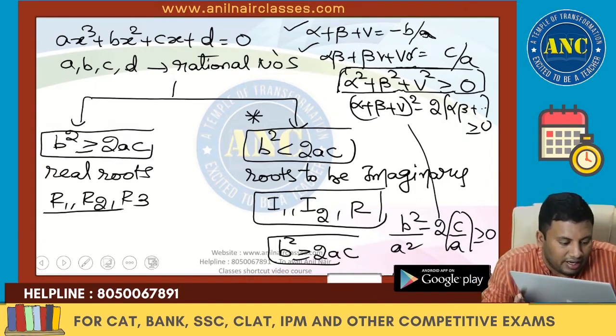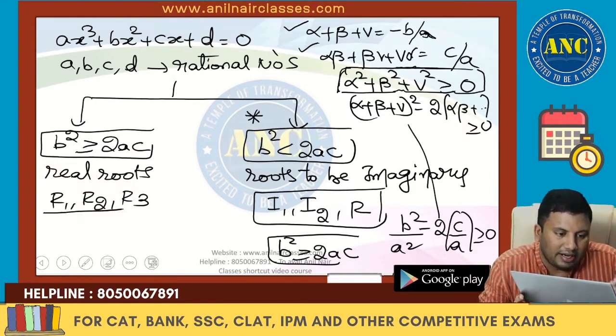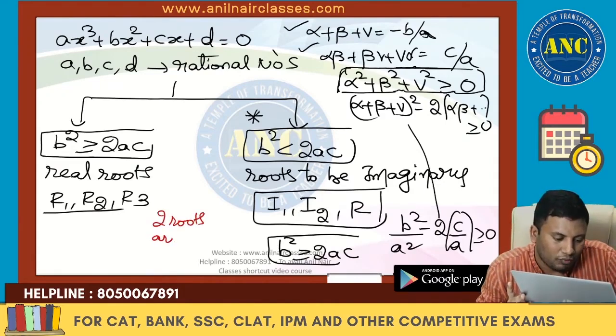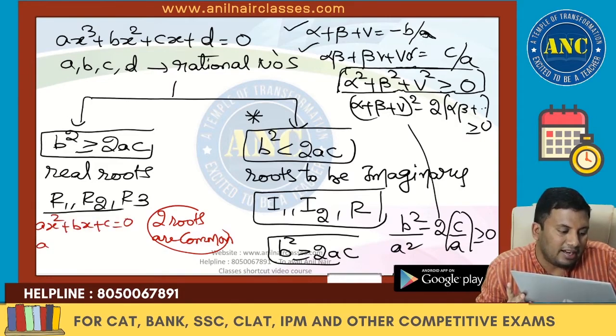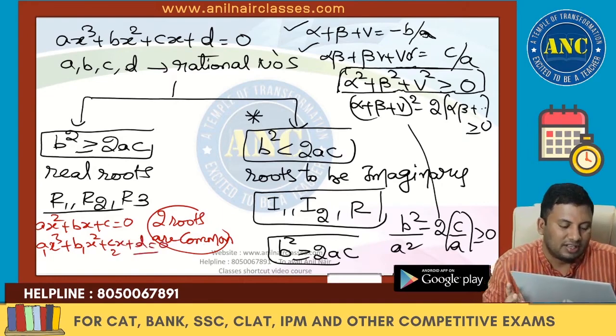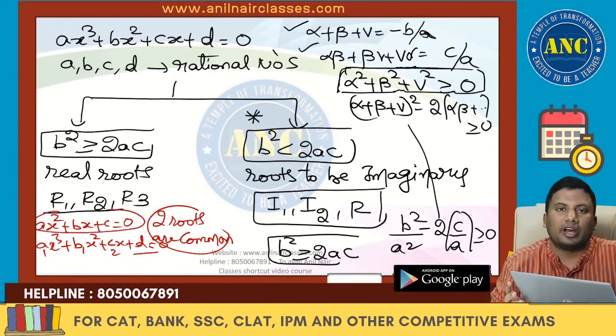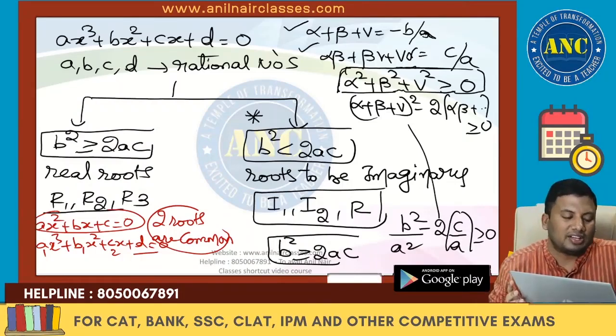Very, very important key point. In a cubic equation, if two roots are common, where a quadratic expression is given and a cubic equation is given: suppose the quadratic has R1 and R2, the cubic will also have R1 and R2, or if it has I1 and I2, the cubic will also have I1 and I2.